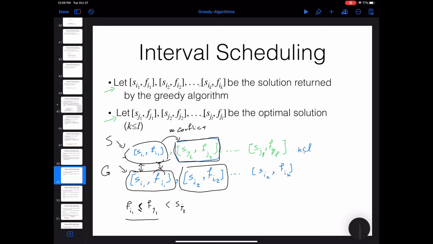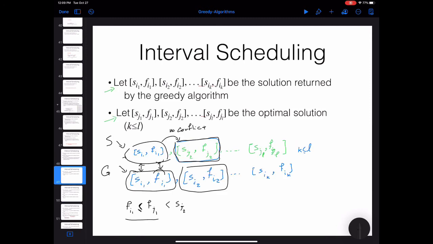Maybe the optimal answer is different, but I'm trying to tell you that all of the choices can be changed to the greedy choices, and you are not making the solution worse. You are not losing anything in your optimal answer. So that's enough to prove that the greedy strategy is going to give you the optimal answer. It's going to give you a number of jobs equal to any optimal answer that you can find.